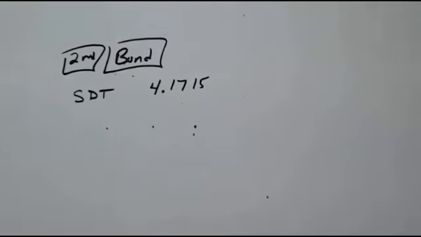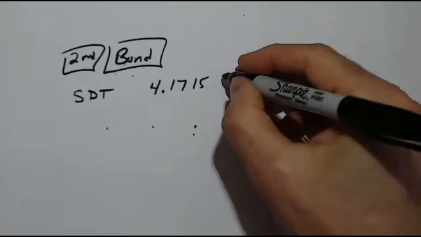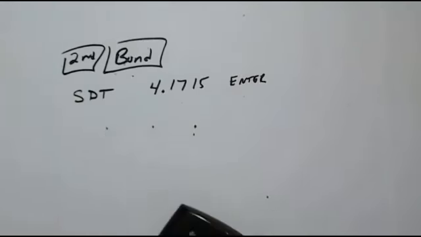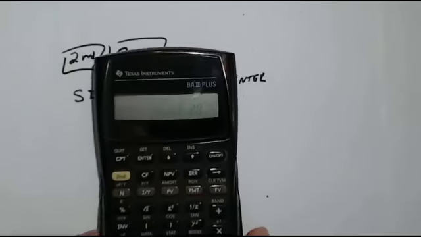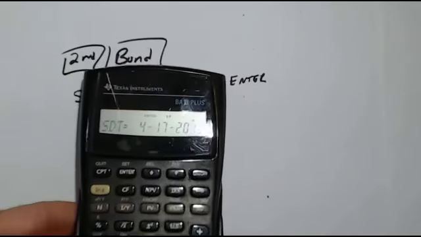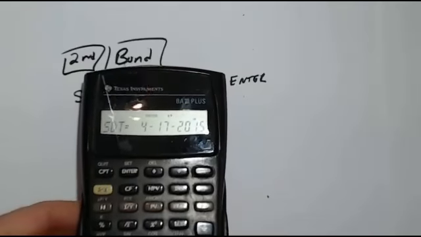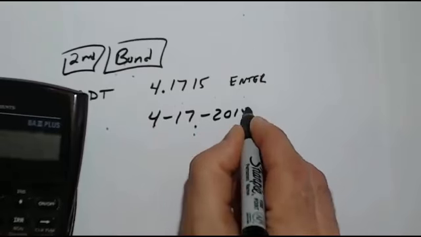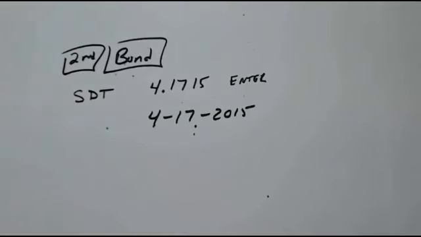So if I enter 4.1715 and hit enter, what pops up on my calculator, I don't know if you can see that, maybe too much glare for you, but if you look, you can see that. It shows up as 4-17-2015. When it enters that way on your screen, you know that you've got it right.